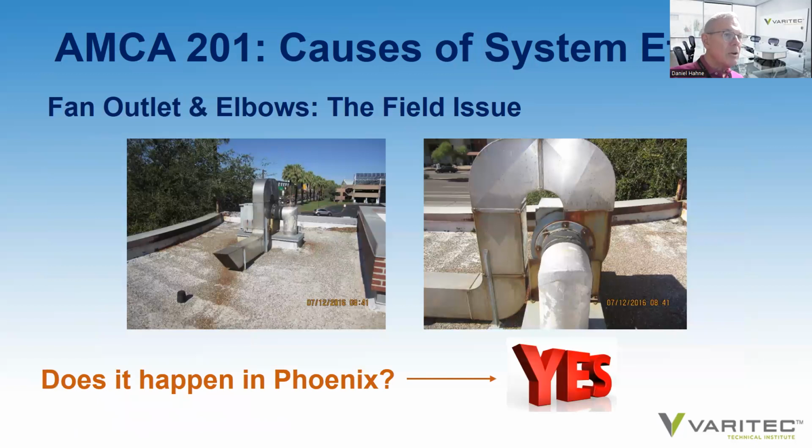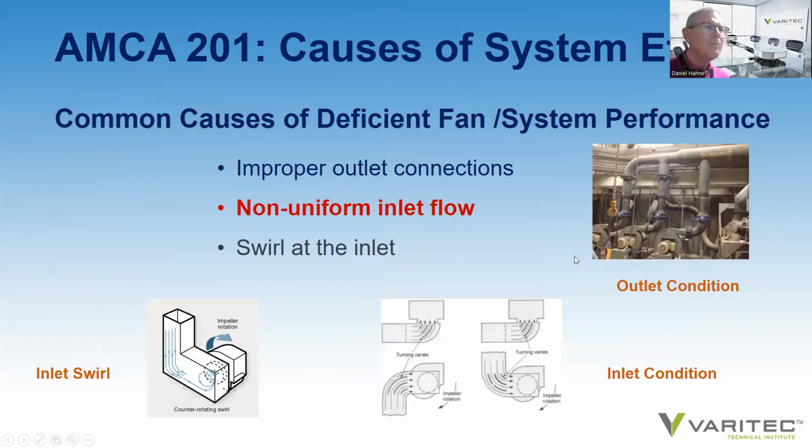It actually occurs in Phoenix, Arizona, and this is a rather innovative approach I've found, but it illustrates very clearly that this duct configuration is more than likely to result in significant system effect and consequently reduction of airflow capable of that fan. Another condition that causes system effect is non-uniform inlet flow.